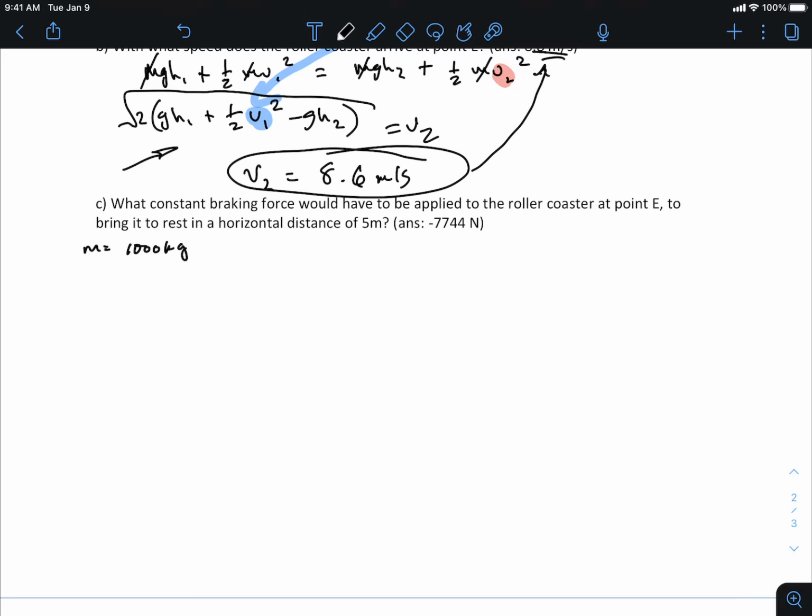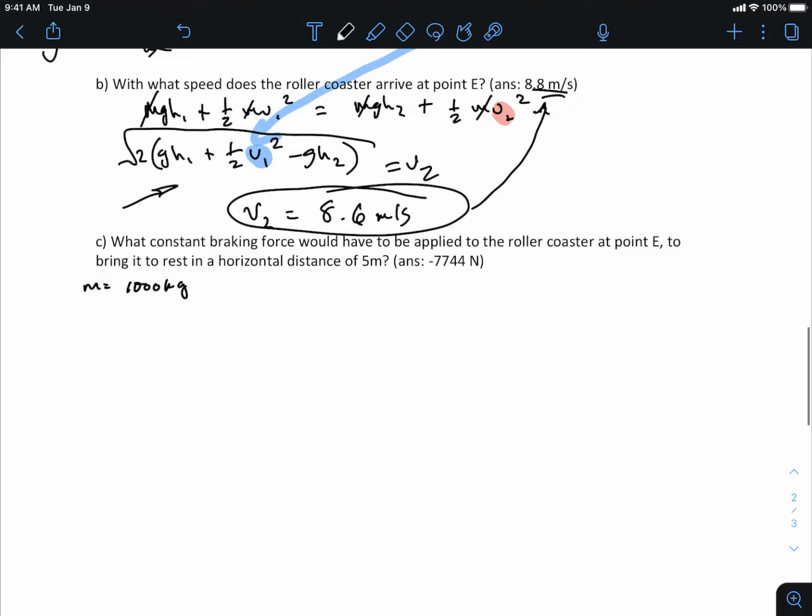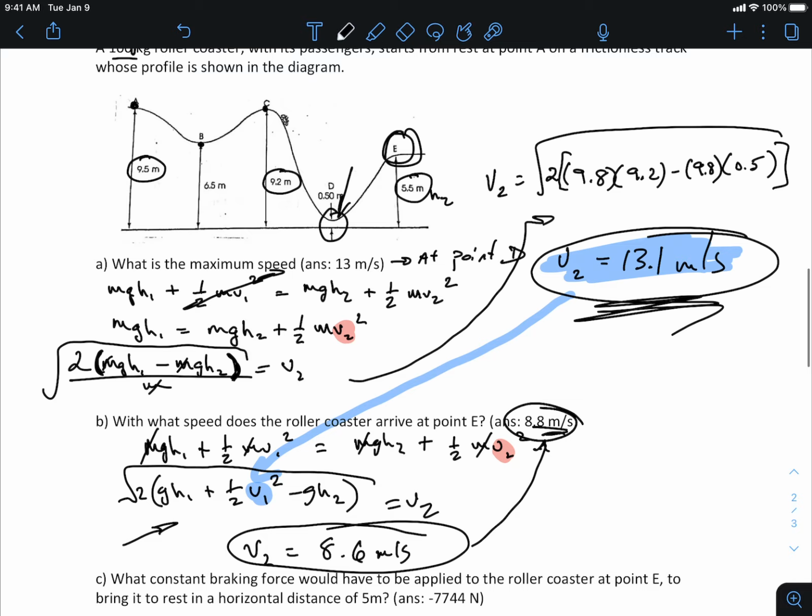For the purposes of the argument, there's probably some rounding error in here when I did this calculation as my grade 12 self, so we'll use the answer of 8.8. The velocity at point E, we'll call V1, because the coaster has come up to here.